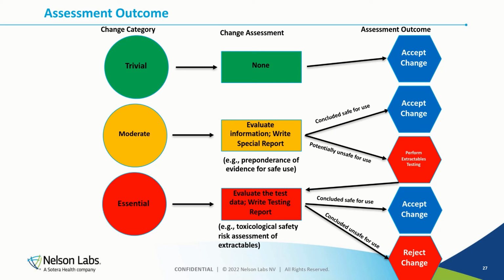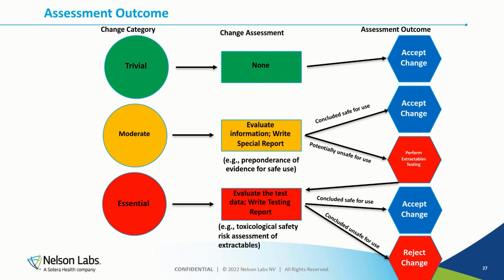A change that's categorized as moderate can be accepted if the preponderance of evidence suggests that it's safe for use. If the preponderance of evidence suggests that there's any chance that it might be unsafe for use, then you're stuck performing extractables testing. You're stuck going to what is essentially an essential change.